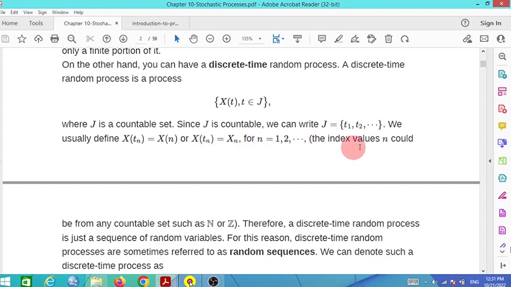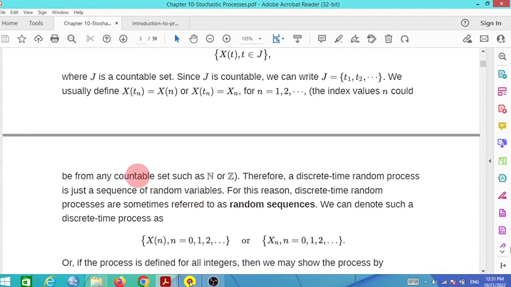N is called the index value, okay, but x is the state value. G may be a subset of N or Z. Therefore, a discrete time random process is just a sequence of random variables.